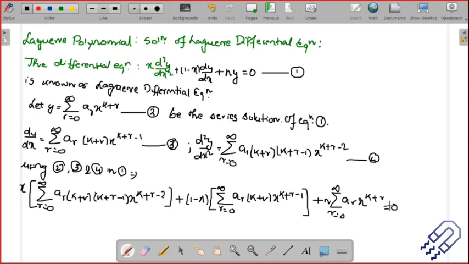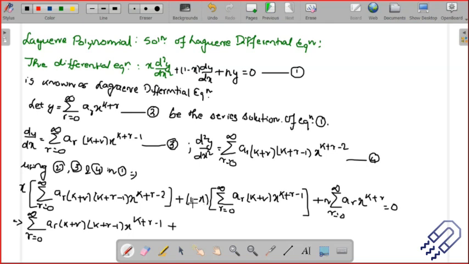Okay, so now we are going to just adjust these x that we have, right? So let's just do it. This one can be written as summation r is equal to 0 to infinity a_r (k plus r)(k plus r minus 1) into x to the power k plus r minus 1, because there is one x, power is 1, minus 2 plus 1, so it will be minus 1, right? And then similarly we can separate them out here. We'll see that there will be two k plus r terms here, right?